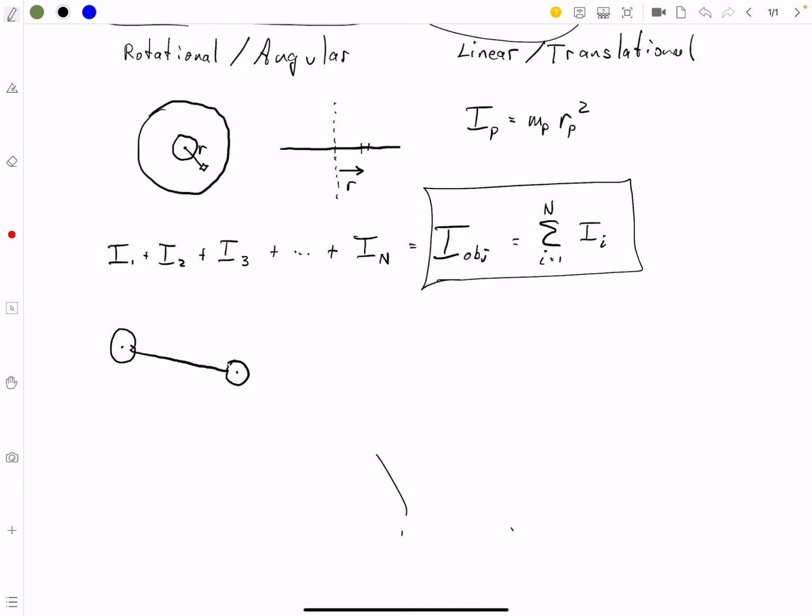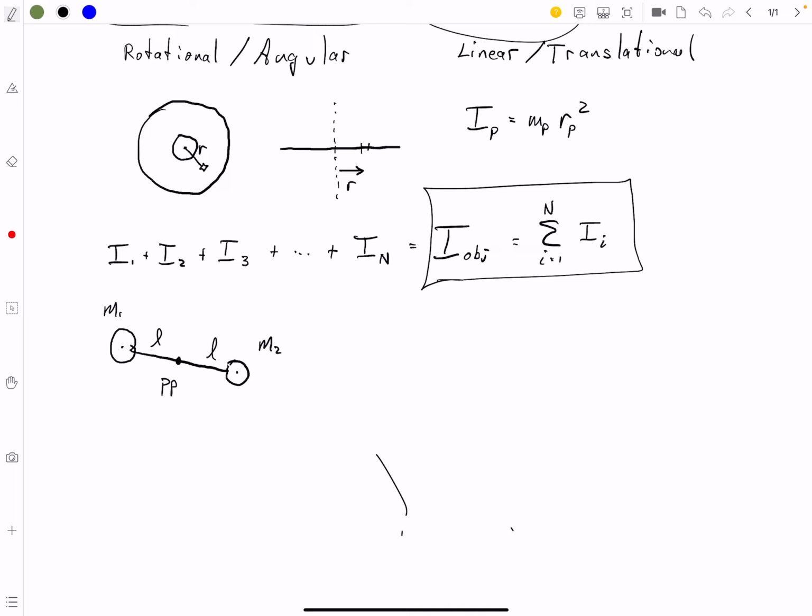I don't know why they don't look like that, but maybe they're not. Who knows? We've got a pivot point right in the middle. We've got L over here, L over there, so the distance to the center of those masses is the same.